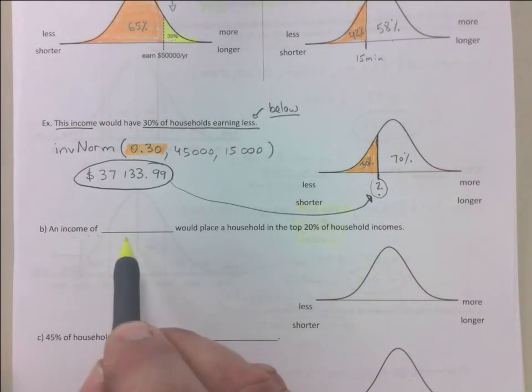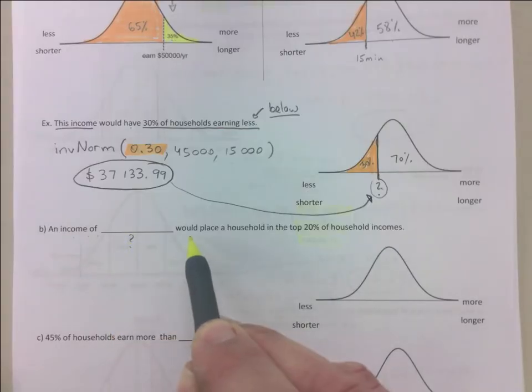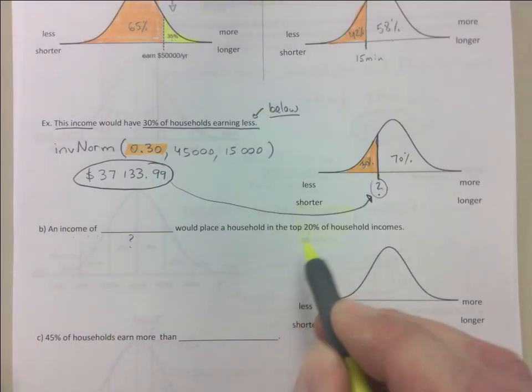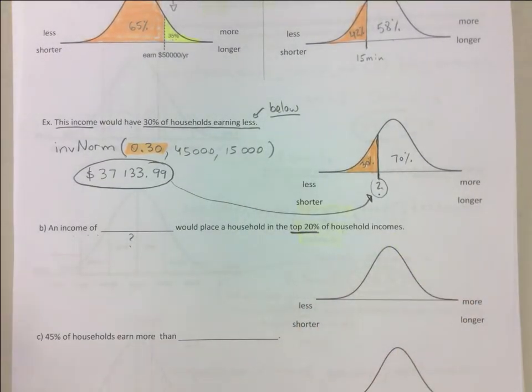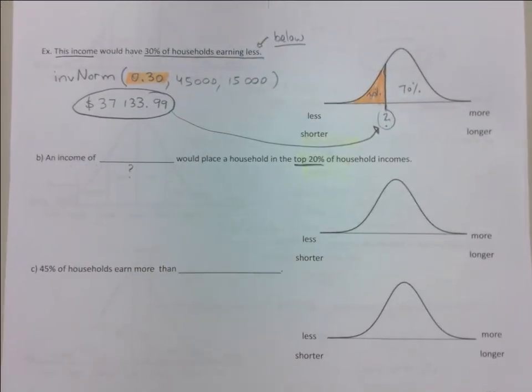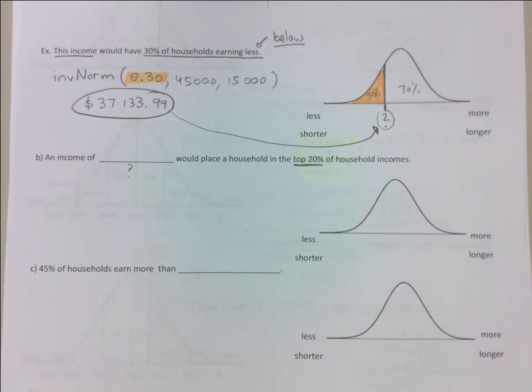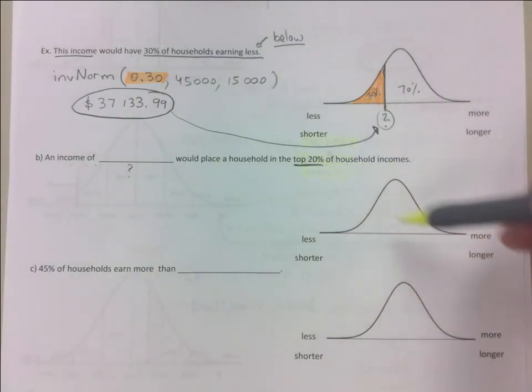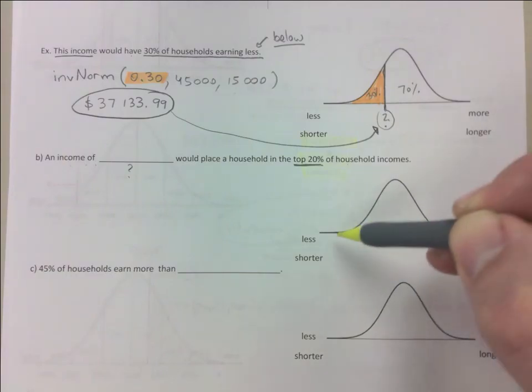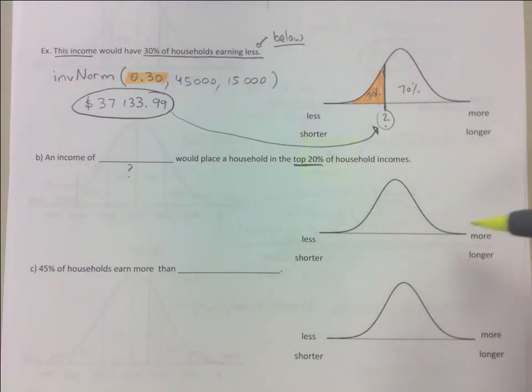An income of question mark would place a household in the top 20% of household incomes. Please just stay alert for this one more example. If you're thinking top 20, where are you thinking on the curve? Is it here or is it here? Top, right?